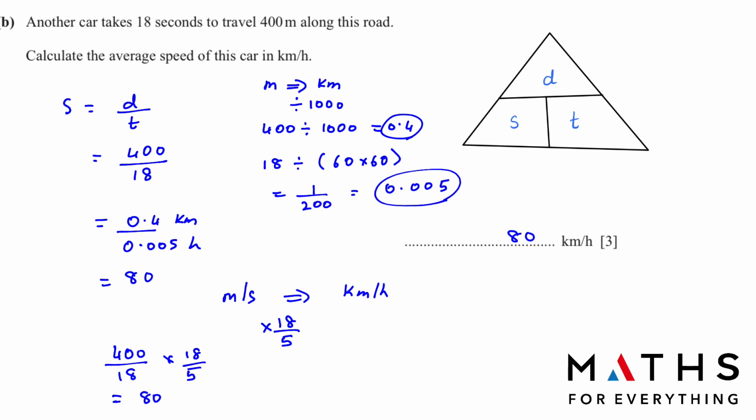Now, if you want to convert kilometer per hour into meter per second, what you can do is multiply by 5/18. Write this down again and go through it a few times. It will make things much easier for you. A very easy 3 marks if you know the rules.